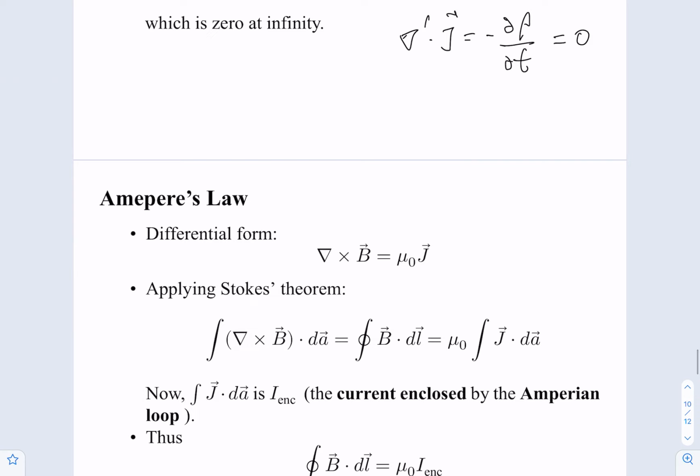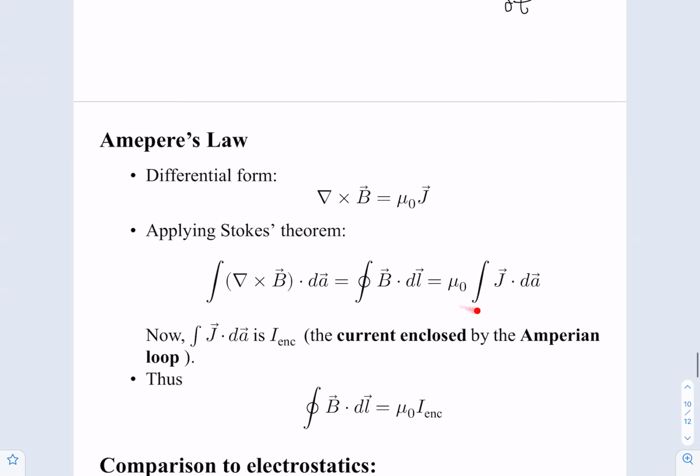We just derived this differential form, del cross B equals mu naught J. Now we can apply the Stokes theorem on the left-hand side and change the surface integral to a line integral of B dot dl, and this B dot dl is equal to mu naught times the integration of J over the surface, and the J over a surface is simply the current enclosed.